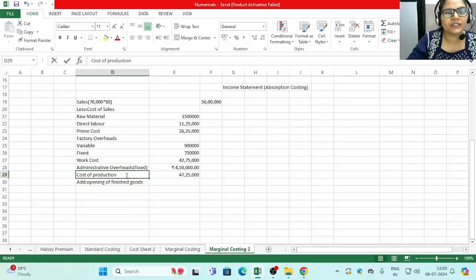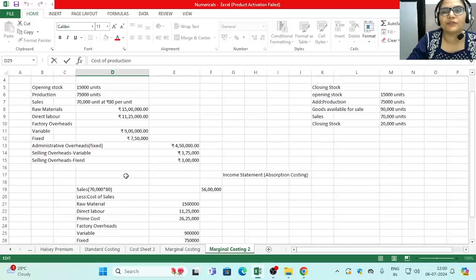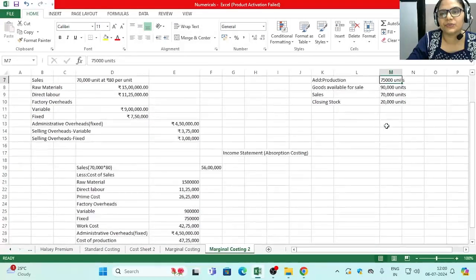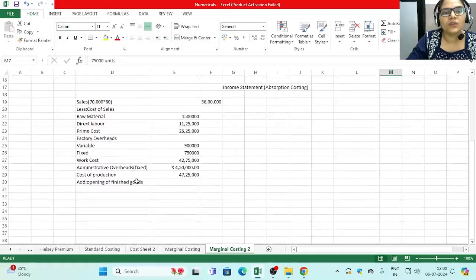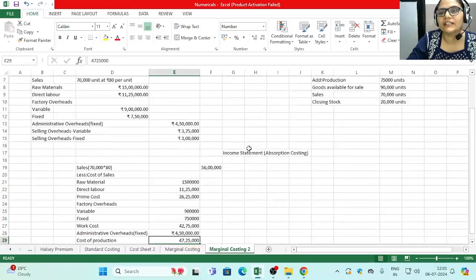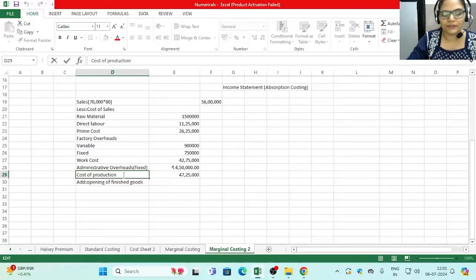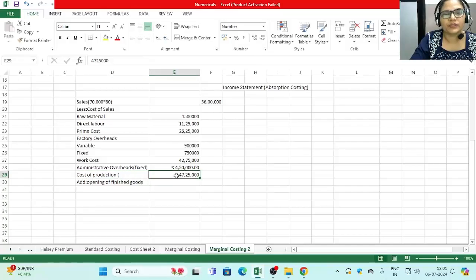Cost of production is 47,25,000, and we know the number of units produced is 75,000. So this 47,25,000 is for 75,000 units. Now what will be the cost per unit?